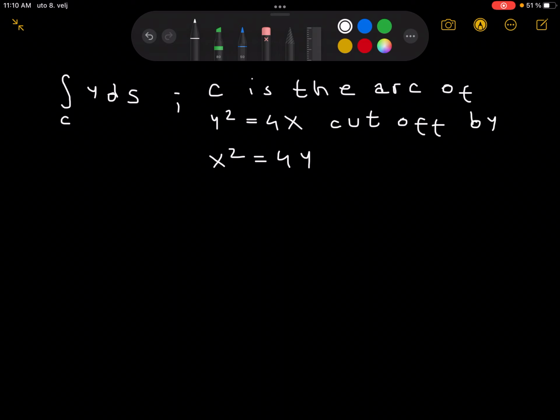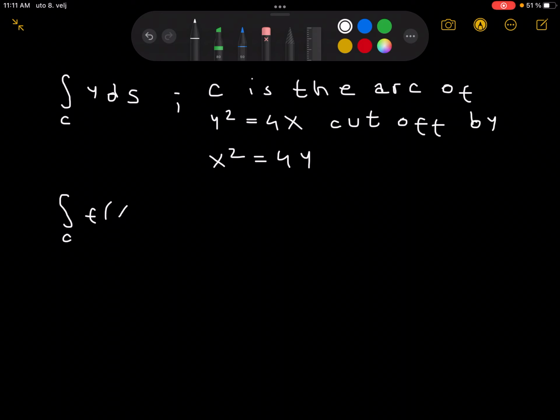Okay, so how do we solve these integrals? Is there maybe some formula? Of course there is.